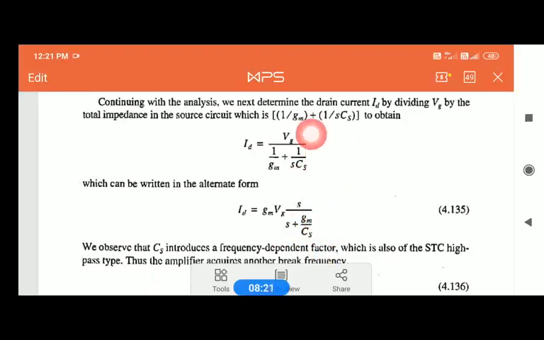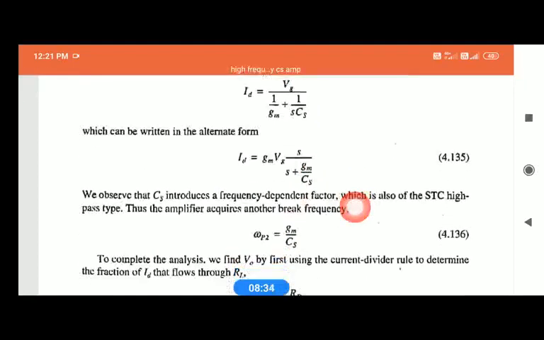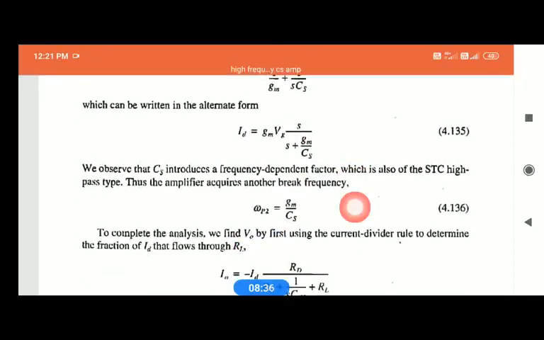So at the numerator we have Gm into s; we take Gm on this side and keep s here, and Vg will be here. Therefore ID is equal to Gm into Vg into s divided by s plus Gm by Cs.